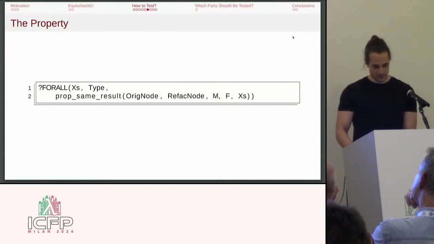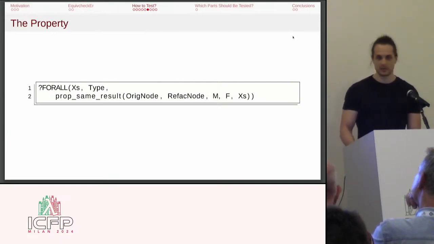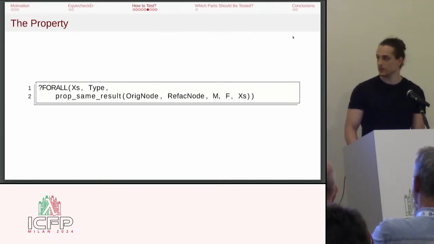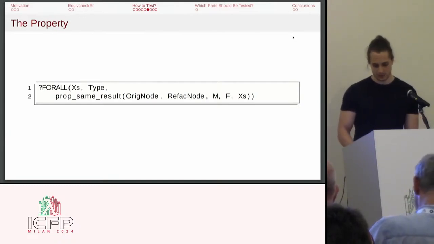We also have the prop_same_result function, which represents the property we wanted, and it gets references to two separate Erlang nodes, or Erlang runtimes. One will be used to evaluate the original version and one the refactored one. It also gets the module, a function name, and the generated arguments.